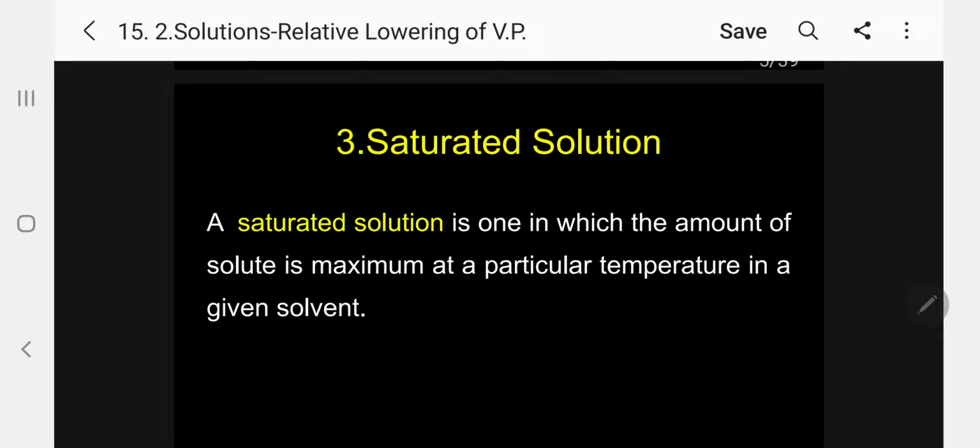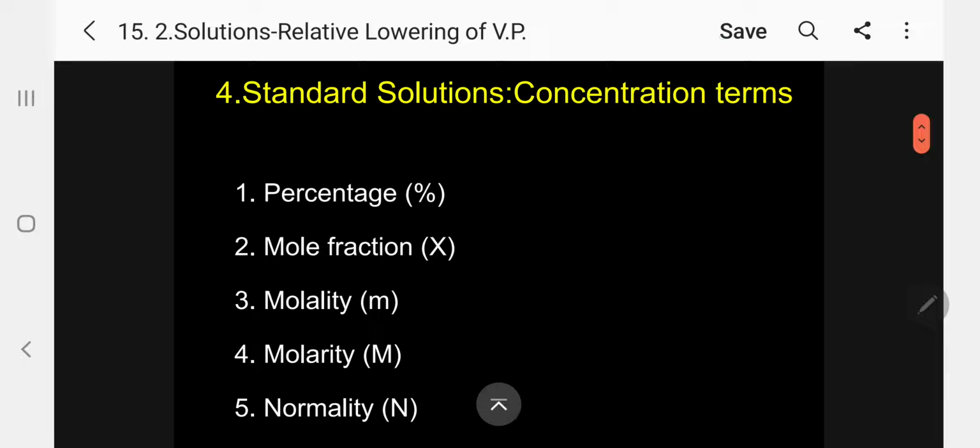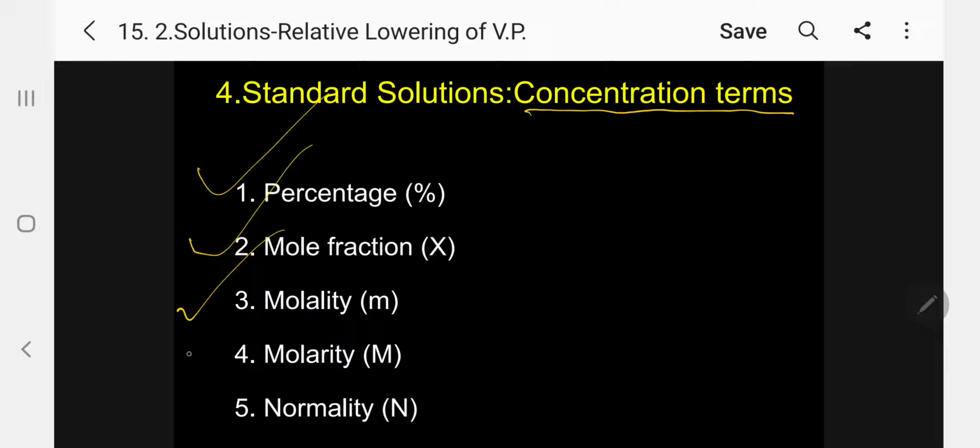Kindly follow. What we are interested in is only the standard solution, for which I can give another term, concentration terms. What are the concentration terms that we are going to see here? One is percentage. It may be volume percentage or mass percentage. Mole fraction, molality, and normality.